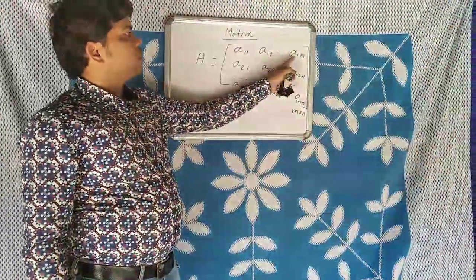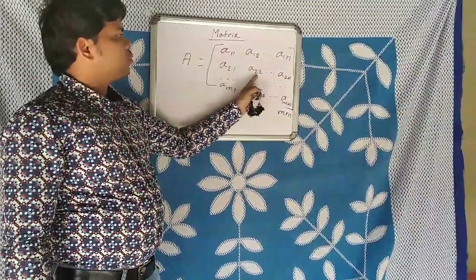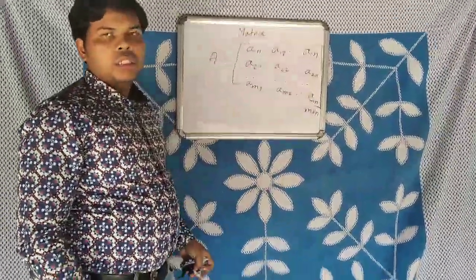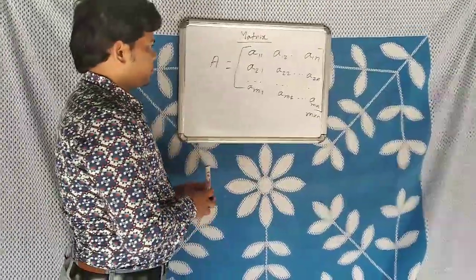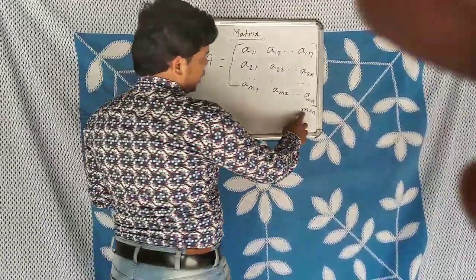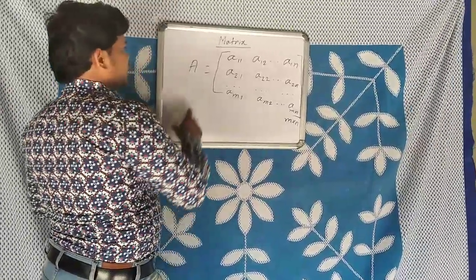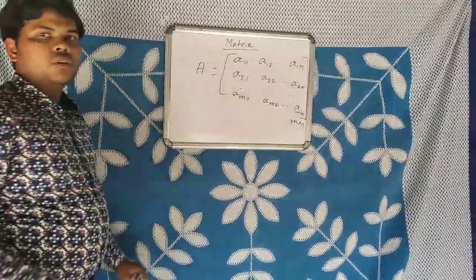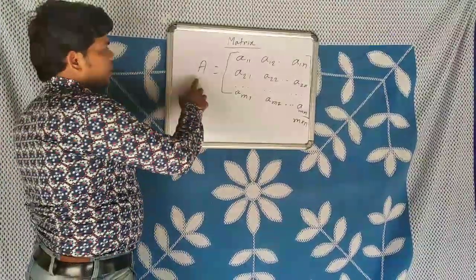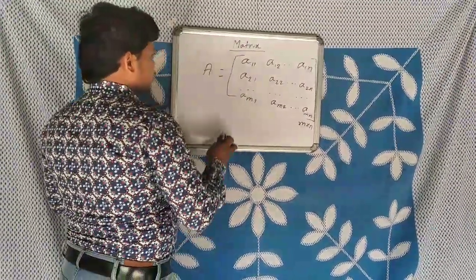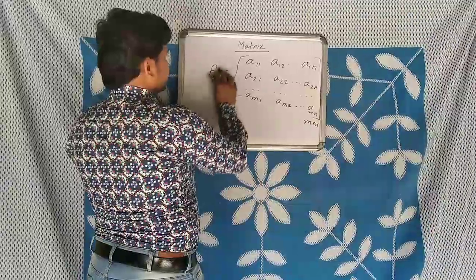A11, A12, A1n, A21, A22, A2n, AM1, AM2, AMN, these are the elements of this matrix. And m cross n is called the order of this matrix. In general we denote a matrix by capital letters. Capital A equal to this. This is the general form of matrix.